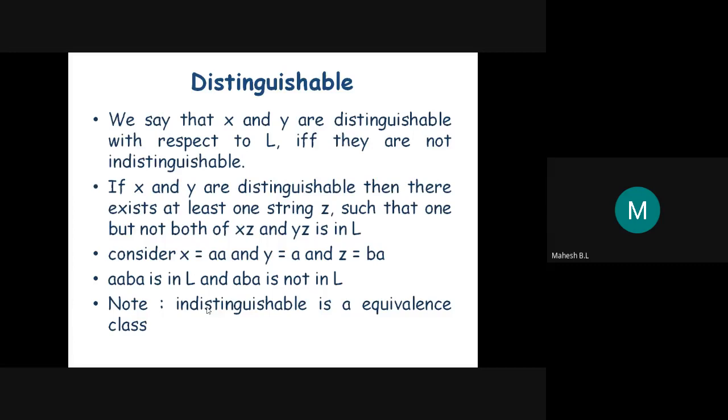Then distinguishable, again the same definition. We say that x and y are distinguishable with respect to L if and only if they are not indistinguishable. So we consider two strings x and y, then one more string z, and perform concatenation xz and yz.